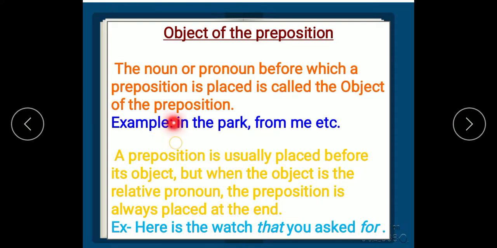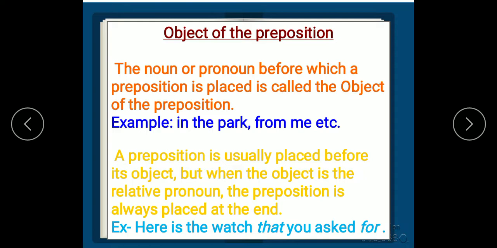Here in is preposition and the park is object of the preposition. Again here from is preposition and me is the object of the preposition. Okay, we have already read some examples like somebody is knocking at the door. Here at is preposition, the door, object of the preposition.